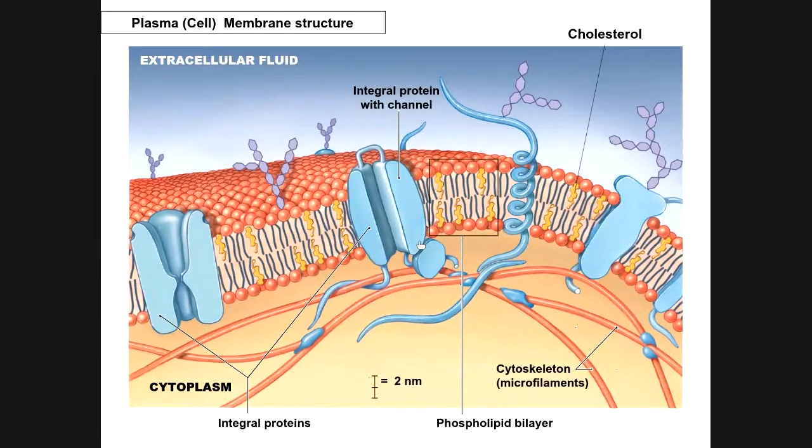Now, if you look, I give you 4 functions for the cell membrane. Okay, the number 1 function is it acts as a physical barrier because in the extracellular environment, we have a water-based solution made up of solutes and the solvent water that we call extracellular fluid or ECF. Inside of the cell, we have the cytoplasm, and part of the cytoplasm is made up of a water-based solution known as a cytosol or simply ICF.